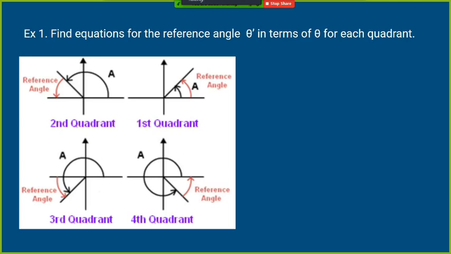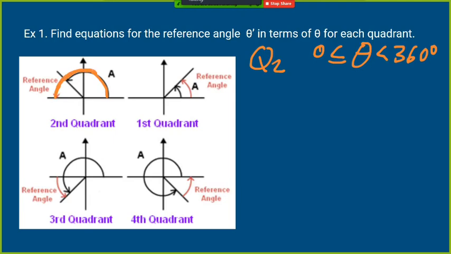For quadrant 2, if theta is between 0 and 360, the way we can find the reference angle is to take 180 degrees. So theta hat, the reference angle, is equal to 180 degrees minus theta, and this part here, which I'll write in blue, represents theta.